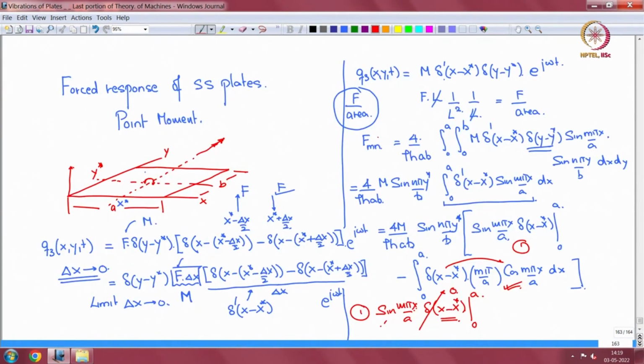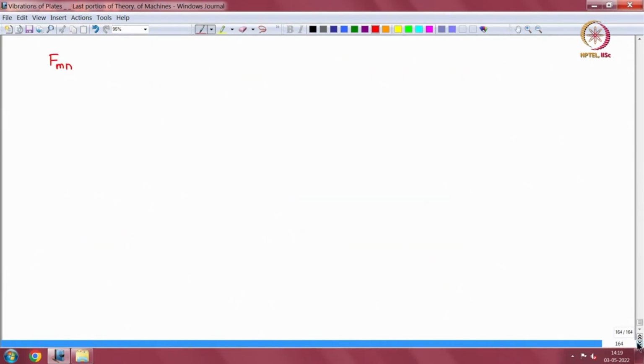Let's call it Fmn star as before. Fmn star is equal to minus 4m by rho h ab into m pi by a into cos m pi x star by b into sine n pi y star by b.